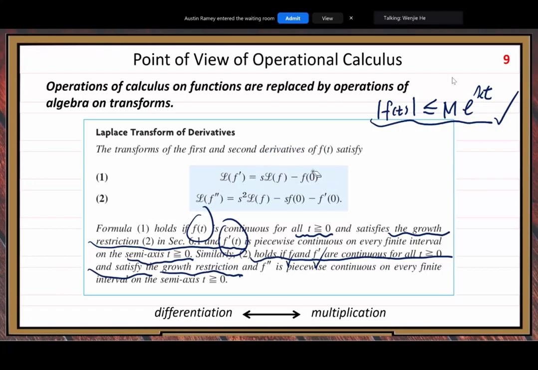That's the theorem part. After that, you can see this theorem tells us one important relationship. In the first formula, you take the Laplace transform of the derivative f prime.